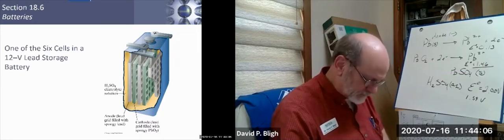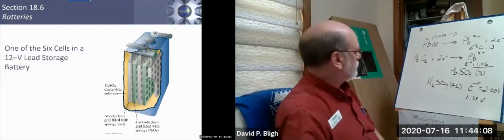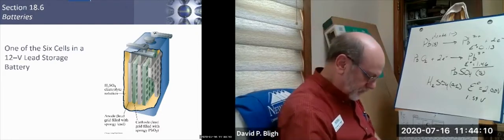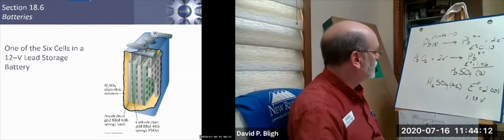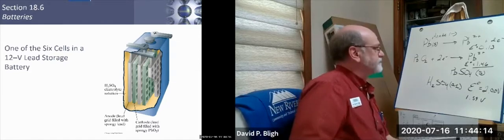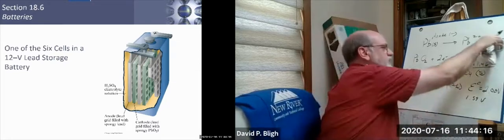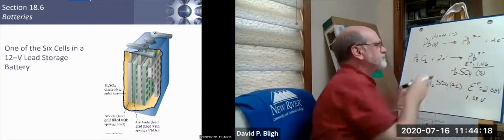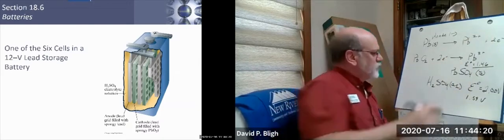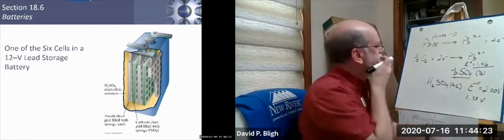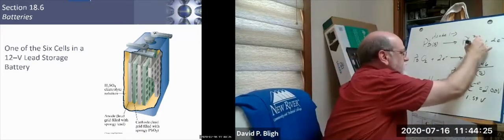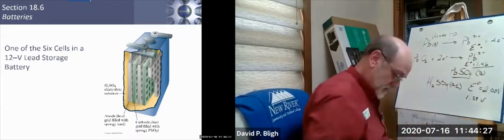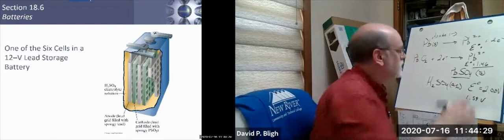Here's the problem. That's the wrong reaction, because we have sulfate involved. With the sulfate involved, this reaction voltage becomes 3.5.